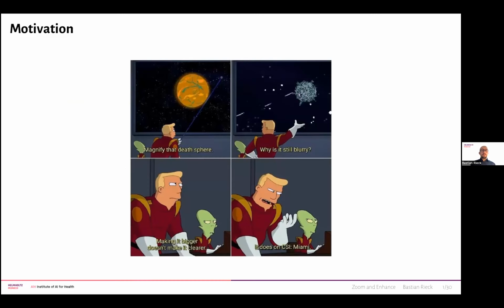My first motivation for this is this classical TV show that maybe some of you still remember, and if not, then that pretty much dates me. So here's the idea, of course, that you can magnify stuff, but that doesn't necessarily make it any clearer, at least not in science.